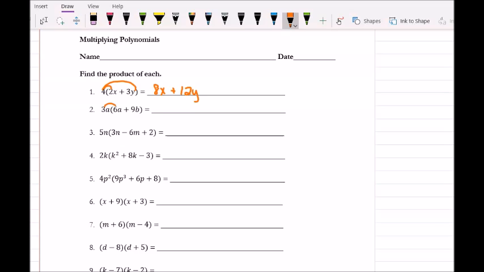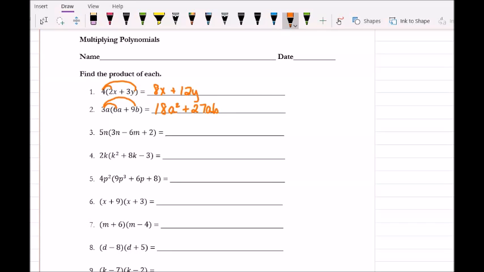Okay, 3a times 6a. So 3 times 6 is 18, and then a times a is a squared. And then 3a times 9b, 3 times 9 is 27, and then just ab means a times b, and that's all we can do with that.